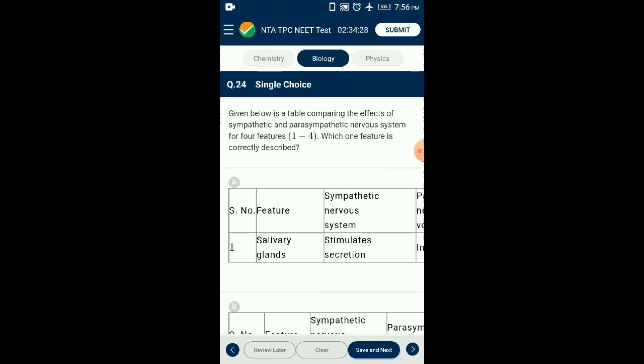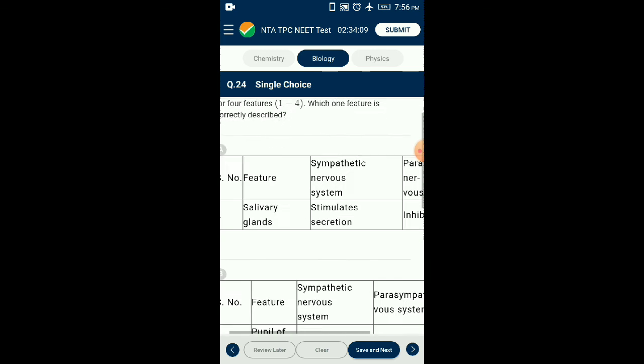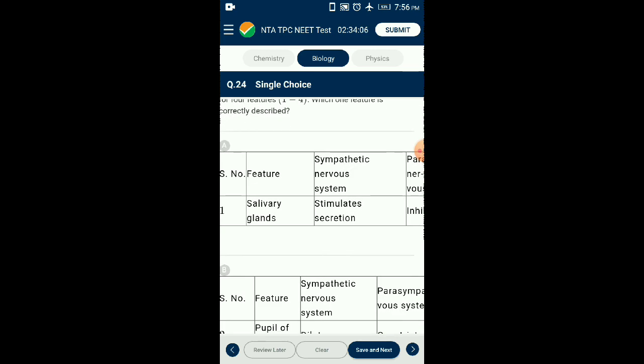Question number 24. Given below is a table comparing the effects of sympathetic and parasympathetic nervous system for four features. Which one of the features is correctly described? Autonomic nervous system is a system which controls the internal environment or working of visceral organs. It gives response to internal receptors and is involuntary.